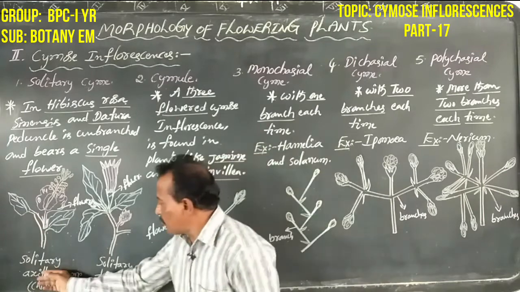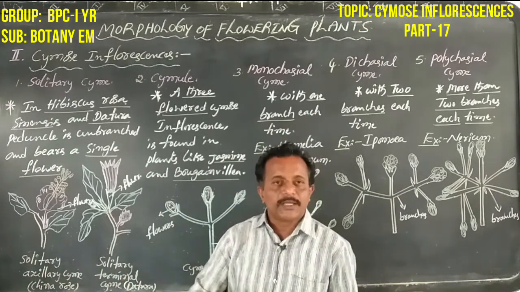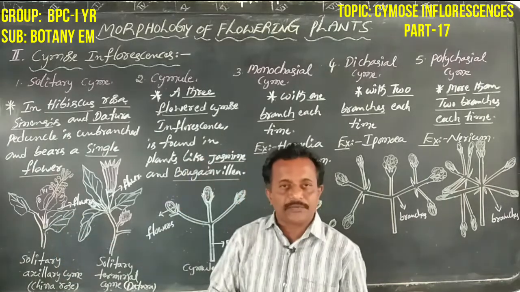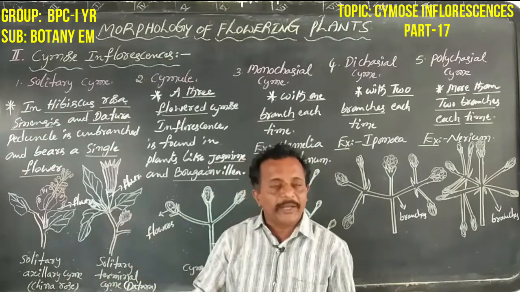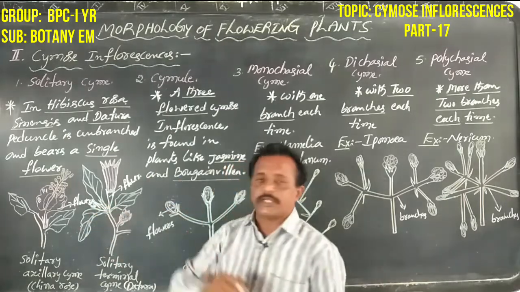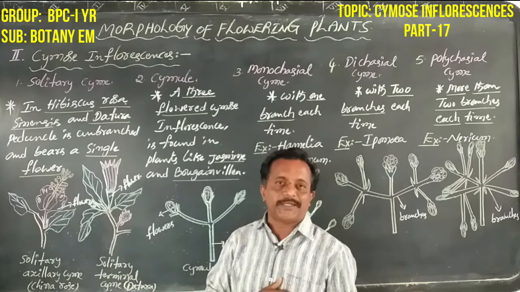So dear students, axillary means some flowers are borne in the axil of the petiole of the leaf. Terminal means some flowers are borne at the end of the stem or end of the branch. Don't confuse them.